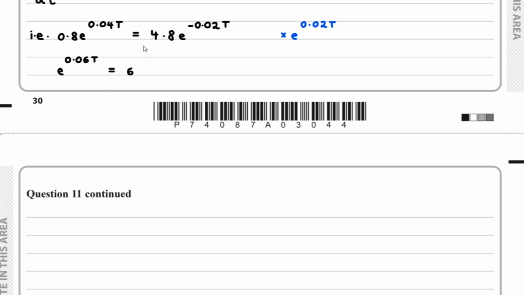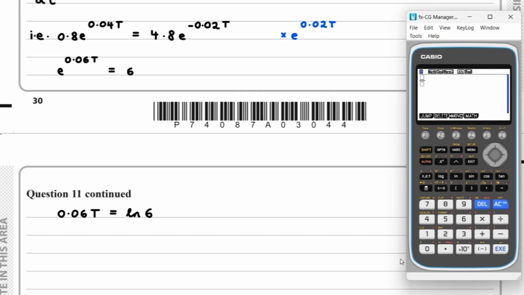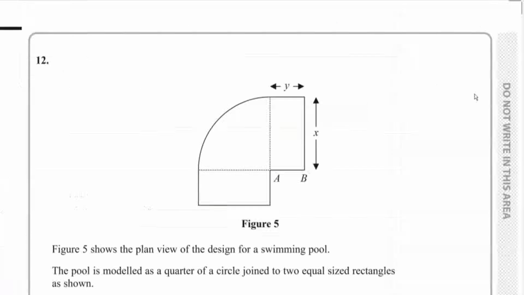And if I take the natural log of both sides, 0.06t is equal to the natural log of 6, and from this we can find out what t is. So we have the natural log of 6 over 0.06, which is 29.86, etc. So to one decimal place, t is equal to 29.8.